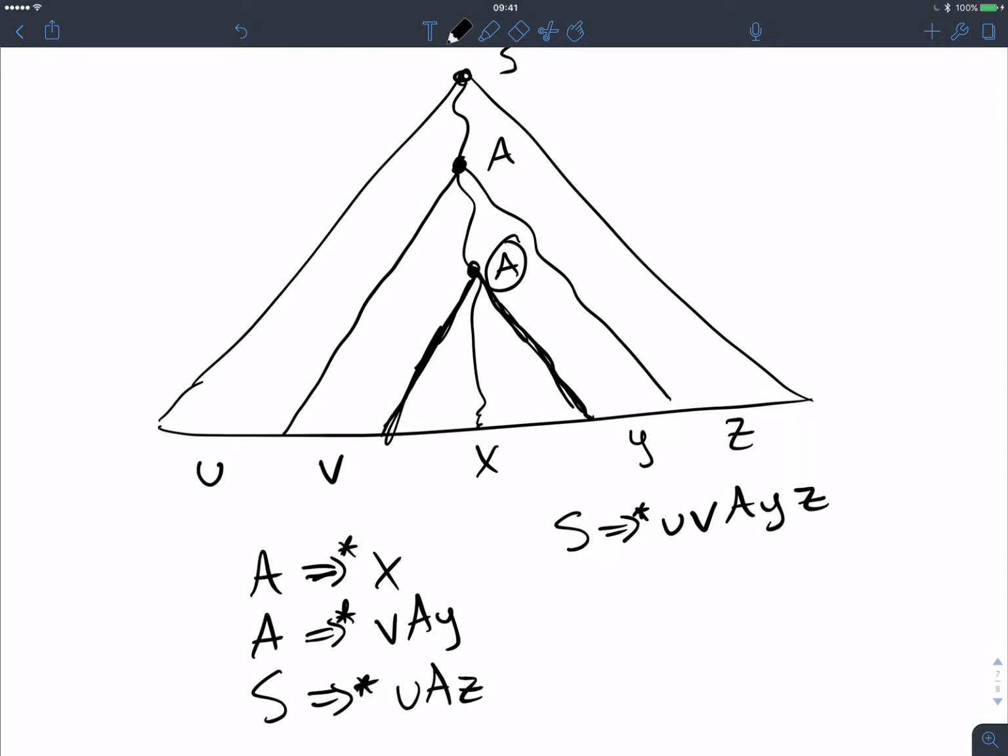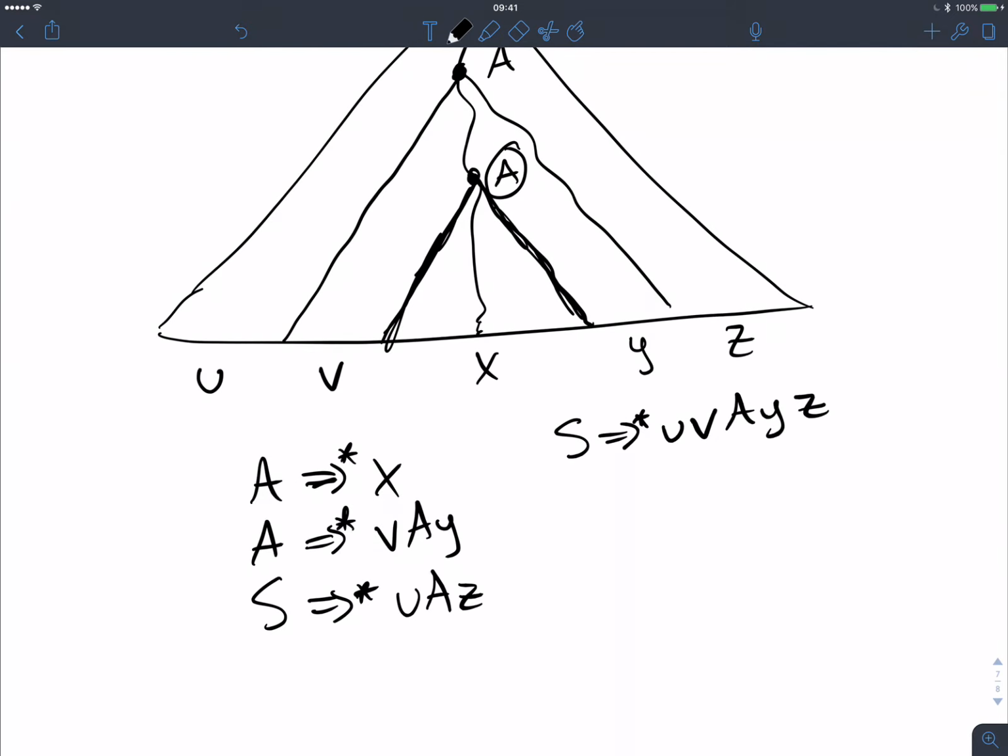We go to U, A, Z, and then we apply A makes V, A, Y to make U, V, A, Y, Z. What if I could make U, V squared, A, Y squared, Z? Sure, yeah, I apply V, A, Y again.